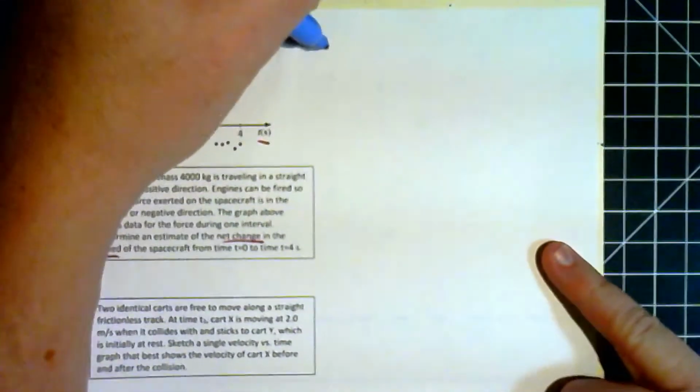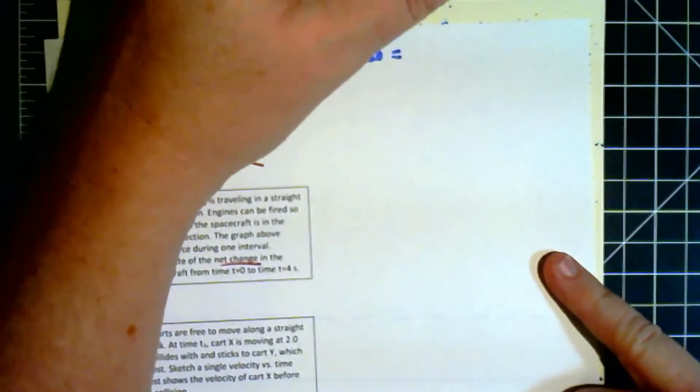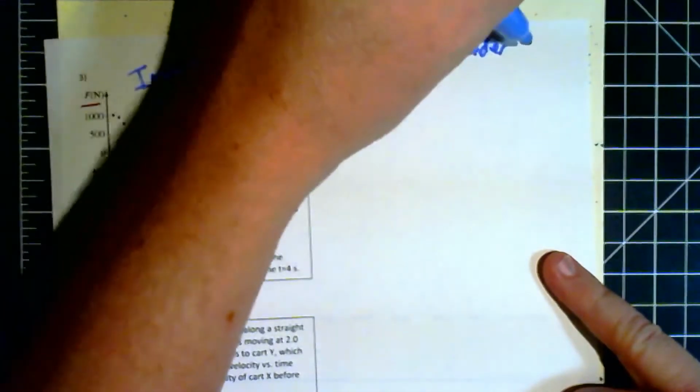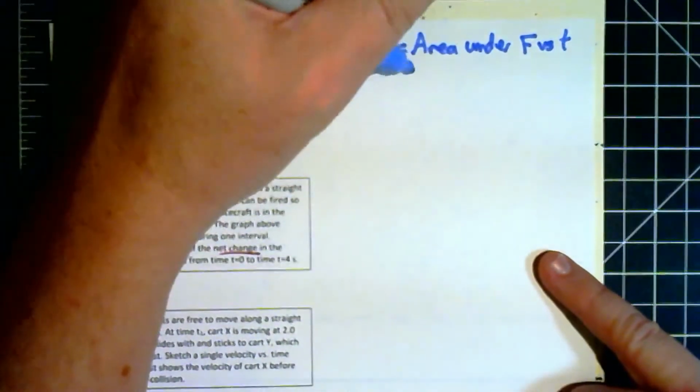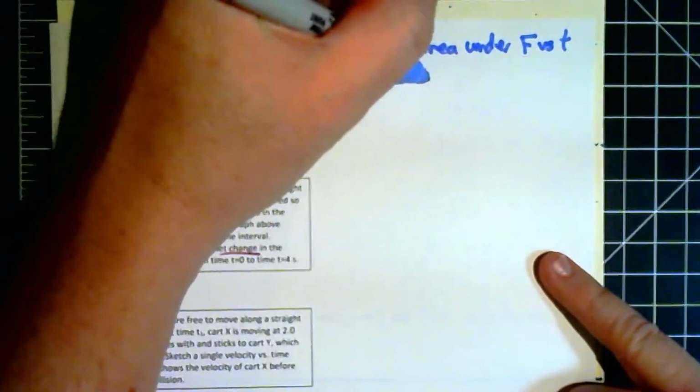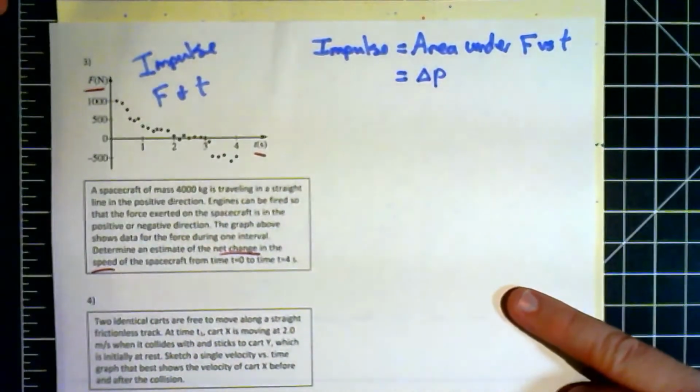And if you remember, impulse, which is equal to the area under a force versus time graph, will also be the same thing as the change in momentum. Okay?